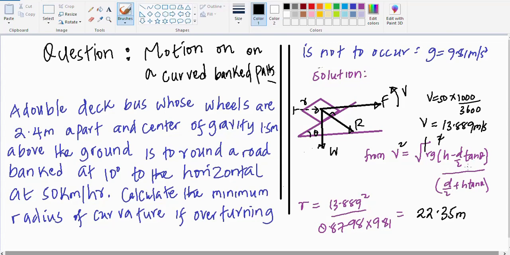If we substitute in the values of h as 1.5 and d as 2.4, we have this expression. So R will be 13.889 squared divided by 0.8798 times 9.81, and the radius of curvature, if overturning is not to occur, is going to be 22.35 meters.